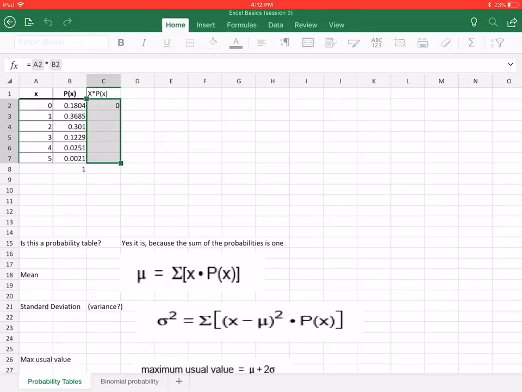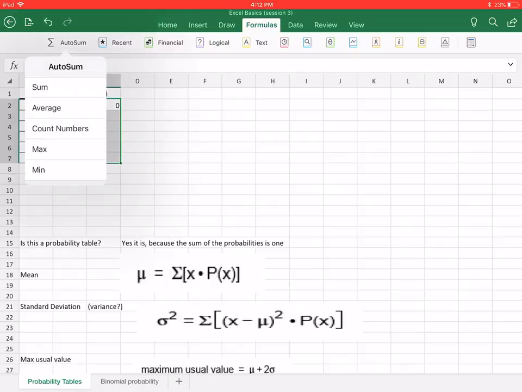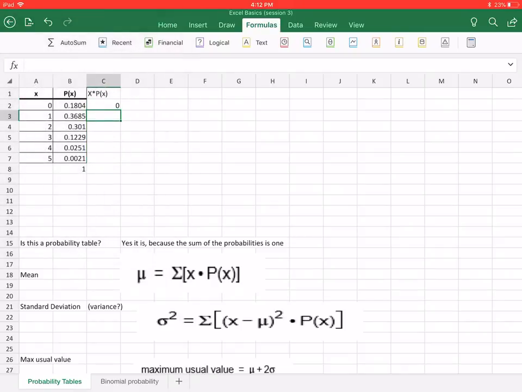And then we're going to try this. Formulas, auto sum. Nope. Okay, so just do it for each of them.